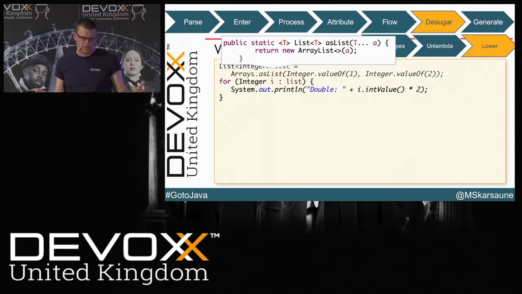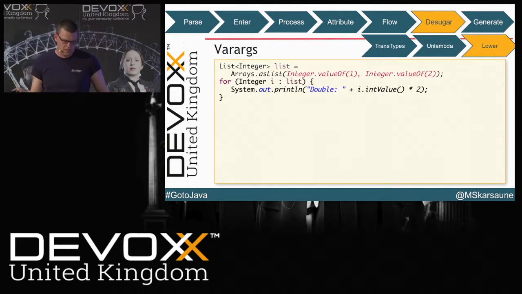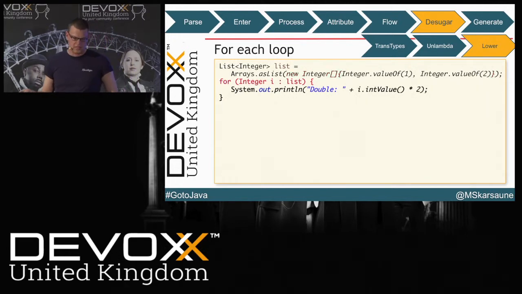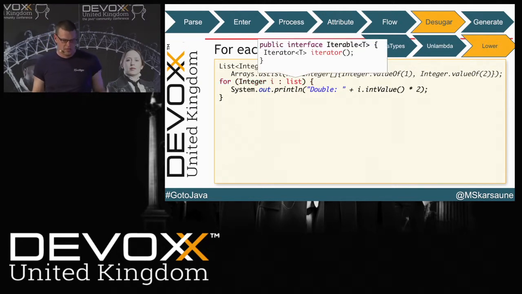But at runtime, there's no such thing as a varargs. So what the compiler does is to set up an array to capture all these arguments and pass it into the method. We also see there's a for loop here. This was also introduced in Java 1.5. As you know, the for loop can either be used on arrays or instances of Iterable.